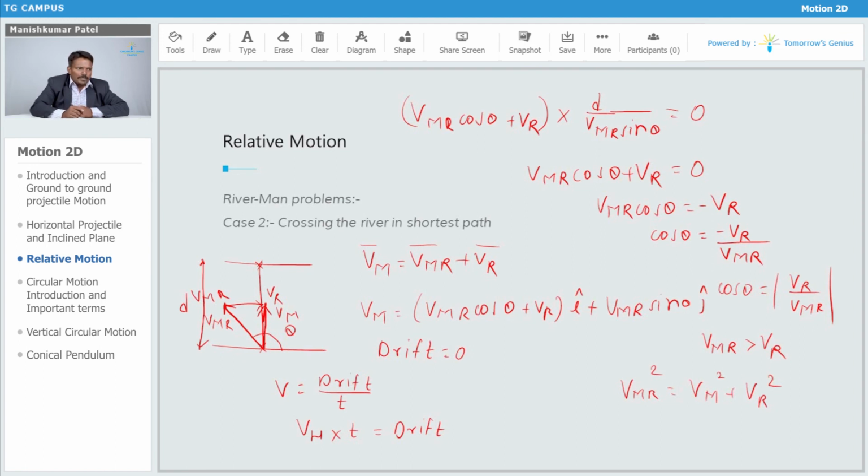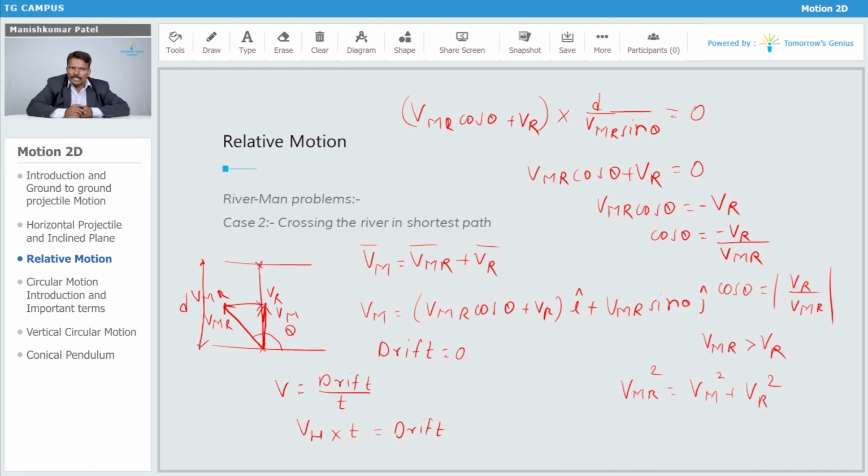Shortest path means obviously he is going to reach exactly at the opposite end of the bank, so the drift is 0. If the drift is 0, then this horizontal component of velocity into time is the drift. Time can't be 0, so the horizontal component of velocity has to be 0.